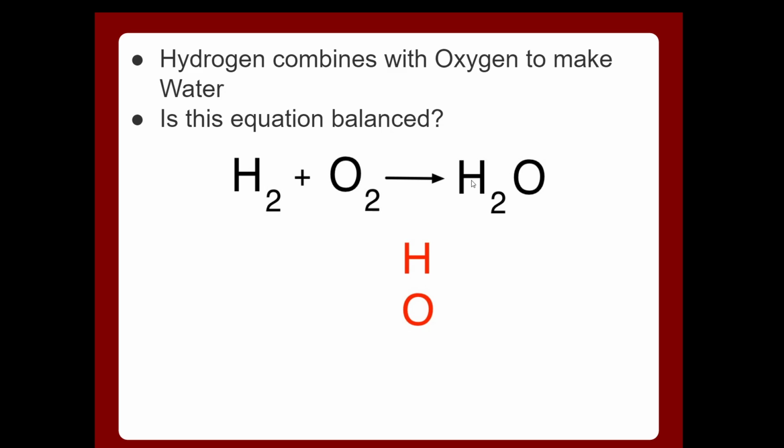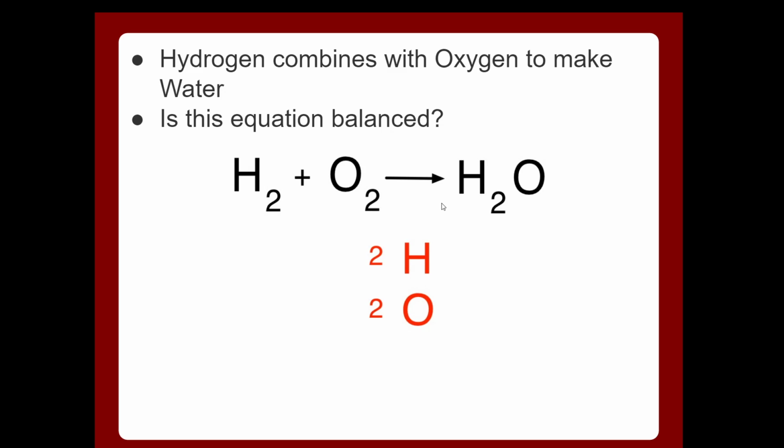Okay? Over here on the left side, you should notice that this says H2. So I'm going to guess that we have 2 hydrogens on the left. Let's go oxygen next. On this side, we have 2 oxygens as well. So this should make sense. H2, there's 2 hydrogens.